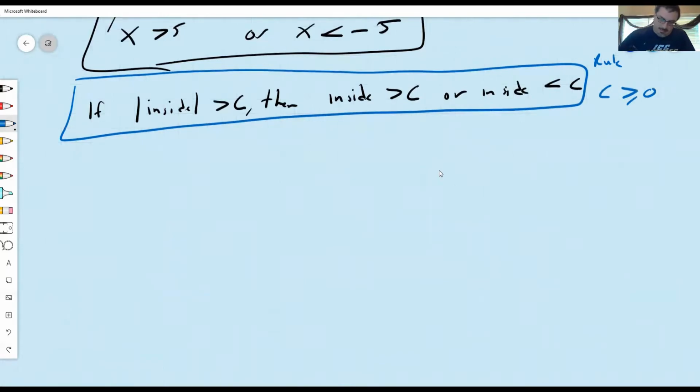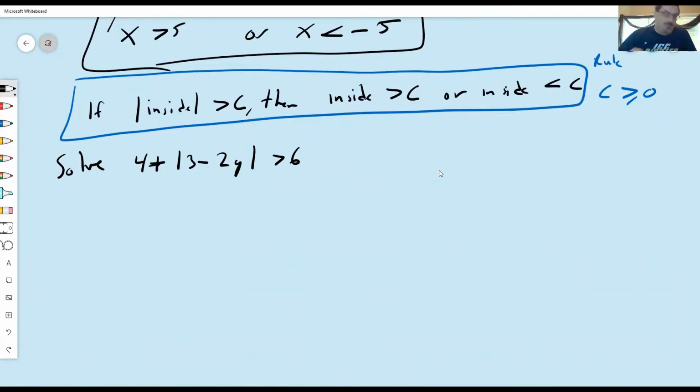All right, let's try an example. 4 plus the absolute value of 3 minus 2y is greater than 6. Now the first thing you have to keep in mind is the rule here.